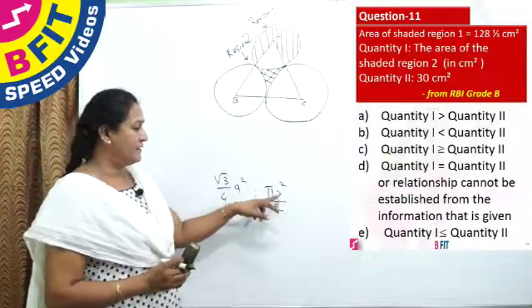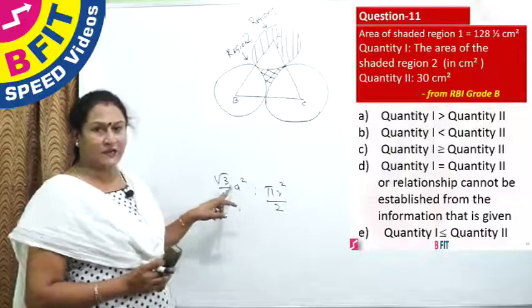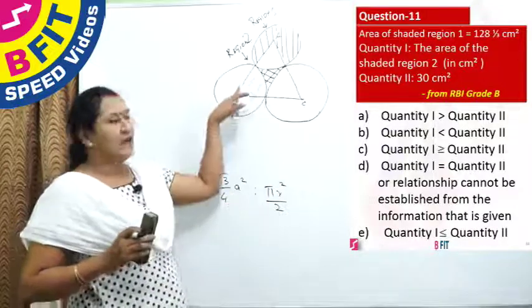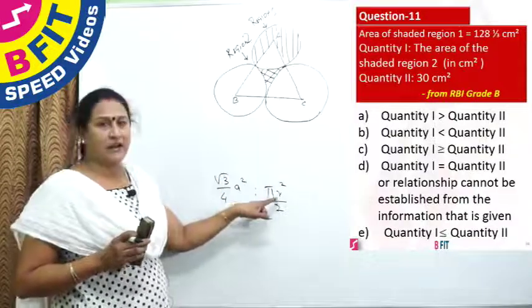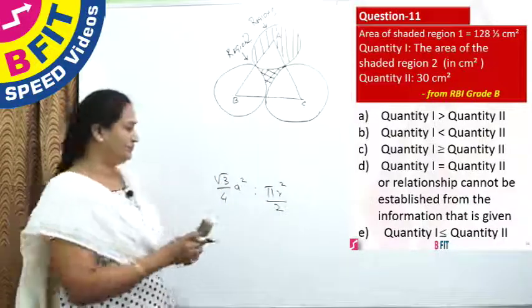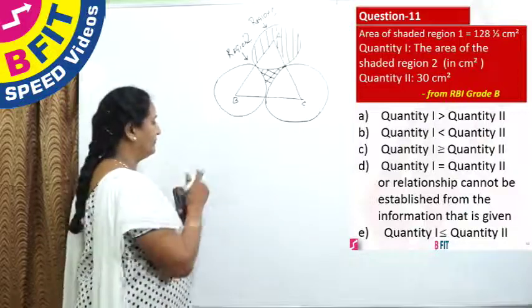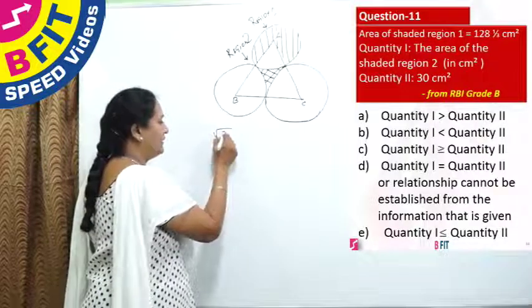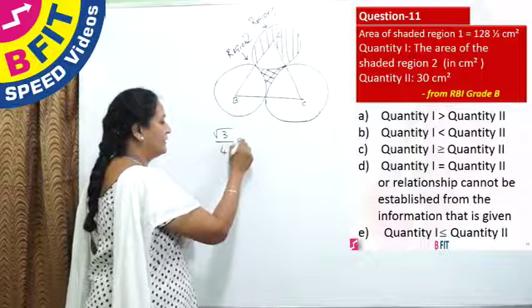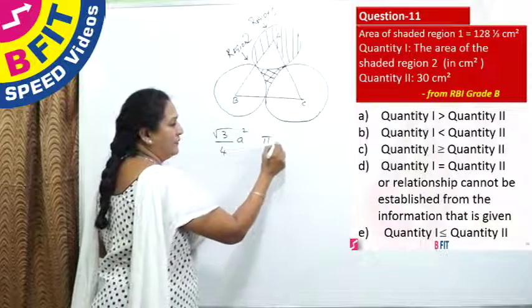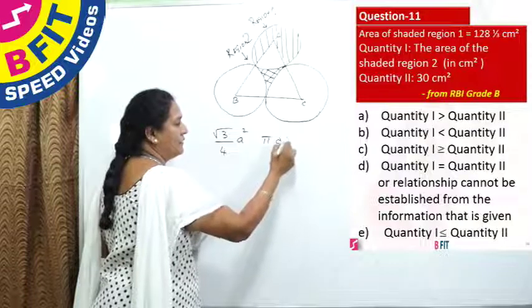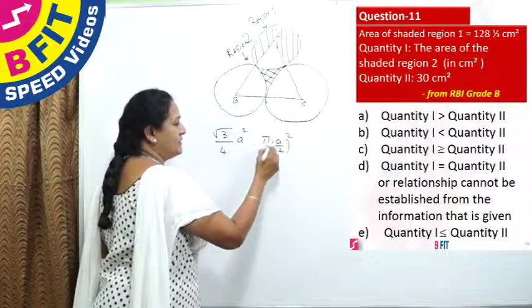Now I'll write the radius in terms of the side of the triangle. If the side of the triangle is A, the radius is half its side, so instead of r, I'll take A by 2. For the equilateral triangle it is root 3 by 4 A square. For a circle, pi r square, it is pi times A by 2 the whole square. For a semicircle, it is that divided by 2.